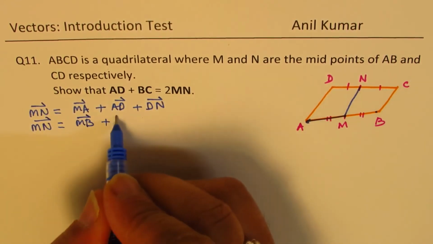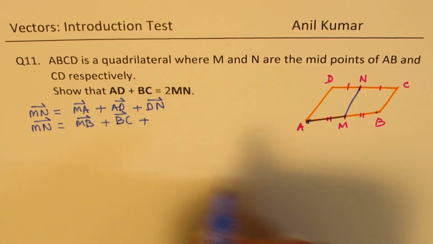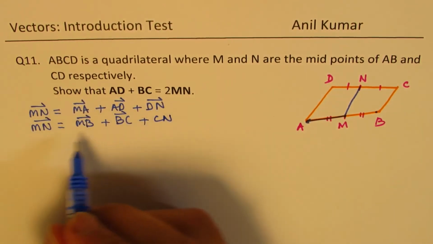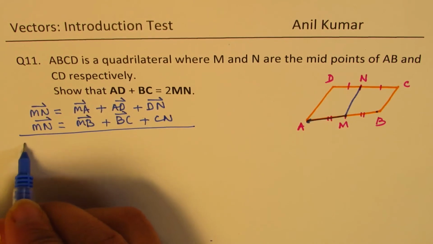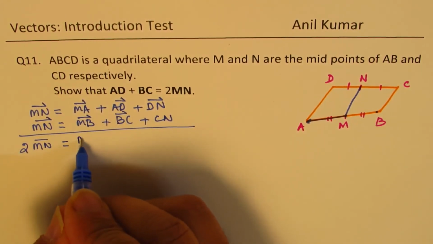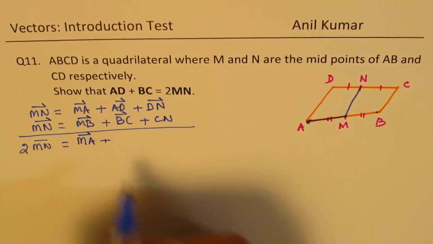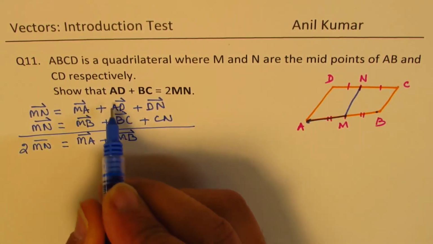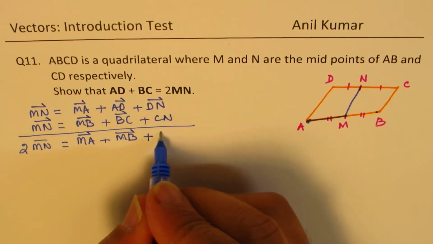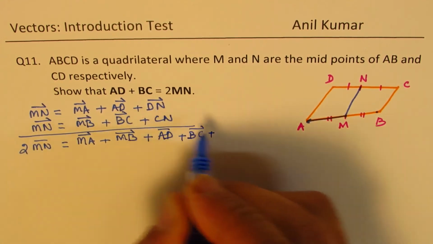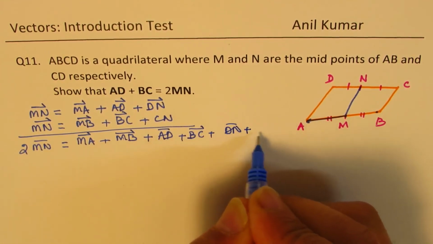Plus B to C plus C to N. So if we add them, we get twice MN equals to MA plus MB, and here we get AD plus BC, and we have DN plus CN.